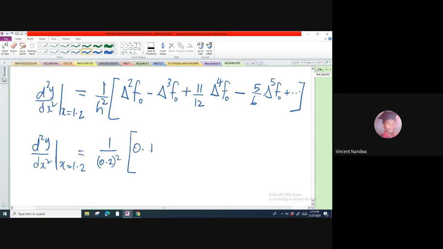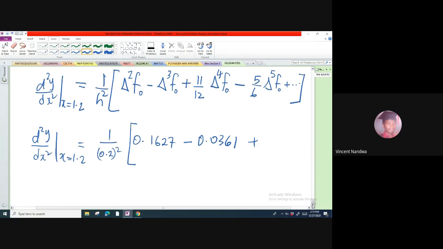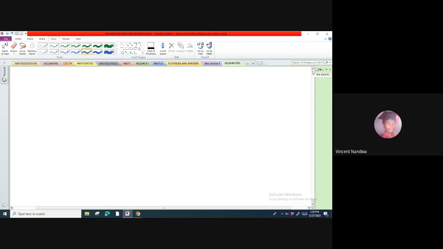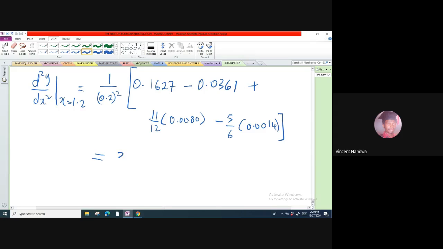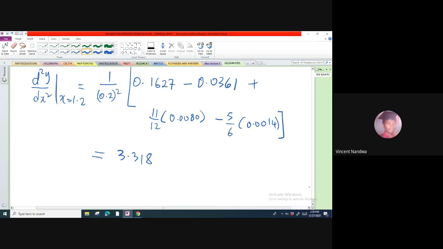So 0.1627 minus the third difference, 0.0361, plus 11 over 12 into 0.0080 and then minus 5 over 6 into 0.0014. When you work it out, you get 3.318. So you have to be very careful on how to identify those values to replace into the formula.